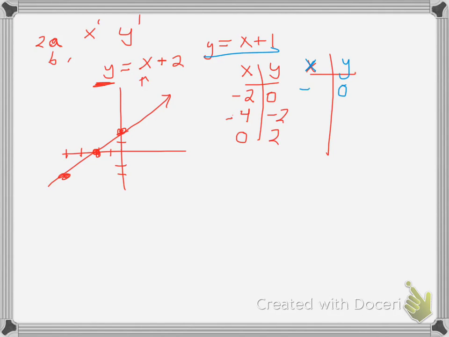If x is negative 1, then I could have negative 2 and 0, 1 to each side of that. If it's negative 2, negative 2 plus 1 would be negative 1 here. And if it's 0, the y value would be 1. So let's plot that. I've got negative 1, 0, negative 2, negative 1, and 0, 1.